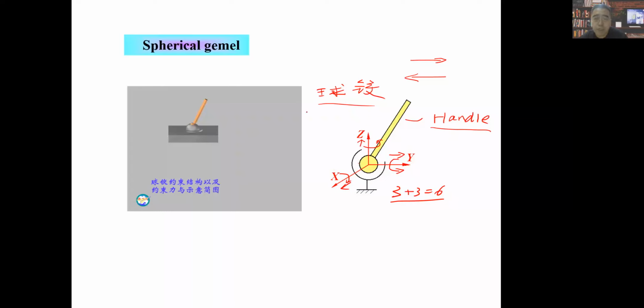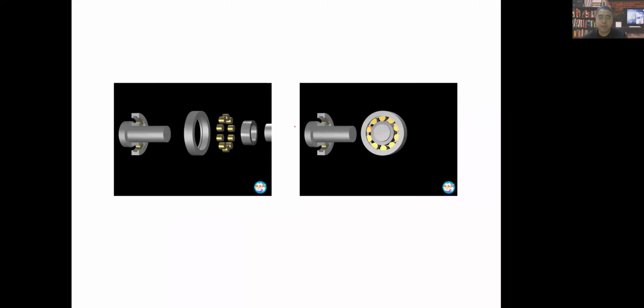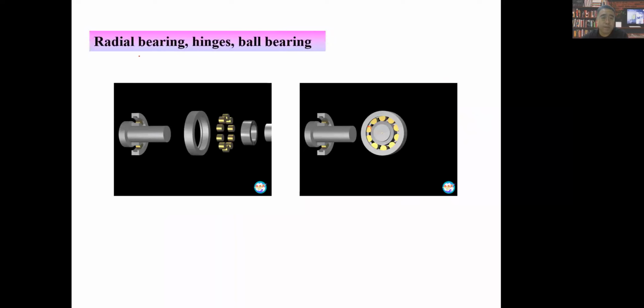So, this page is not very important. You only need to have an impression, that is enough, right? And this one actually is a typical engineering thing. We call that in Chinese 轴承, right? 轴承 is actually the bearing. It supports axes like this, but these axes are shafts.